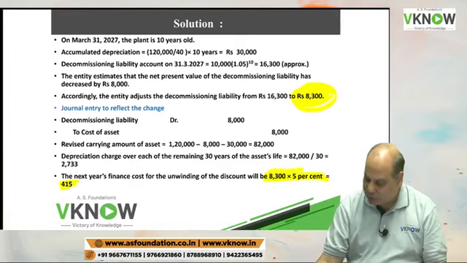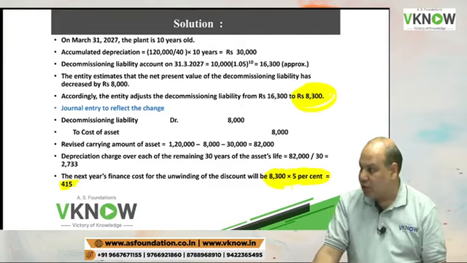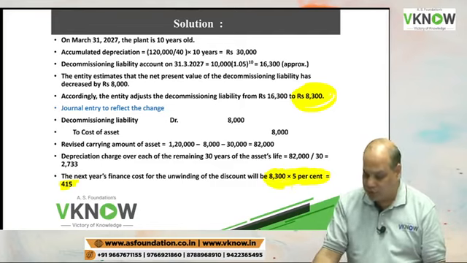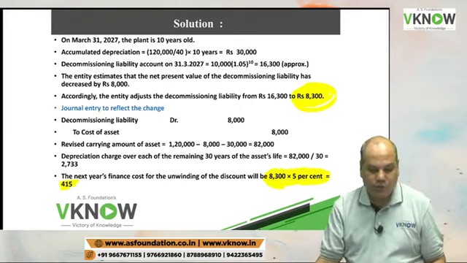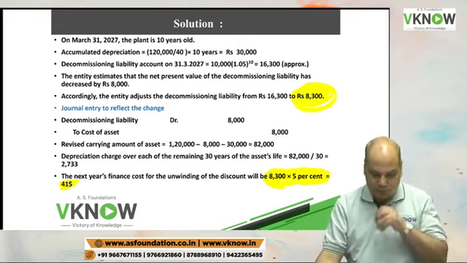The discount rate is 5%, and the problem says the discount rate has not changed. So next year you will provide interest cost of 415.